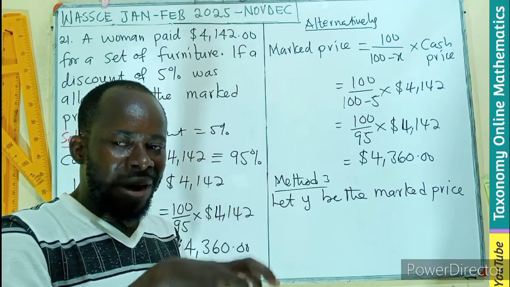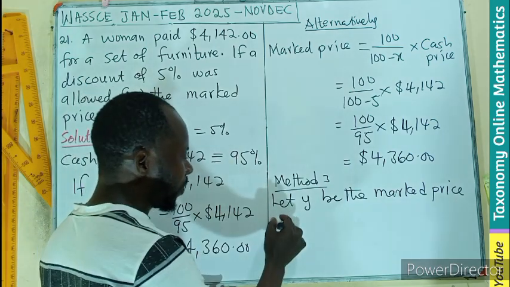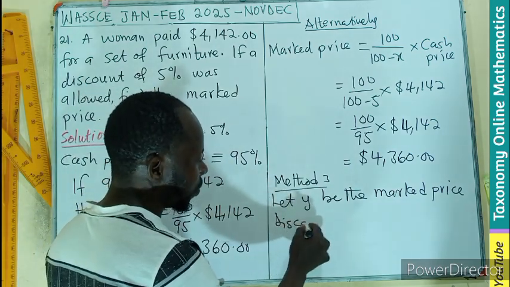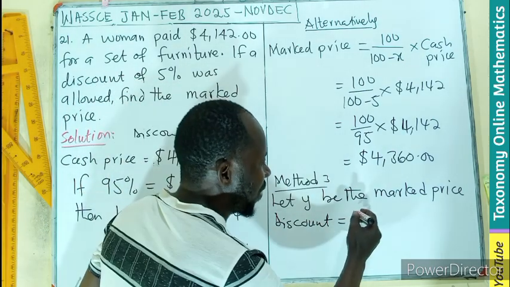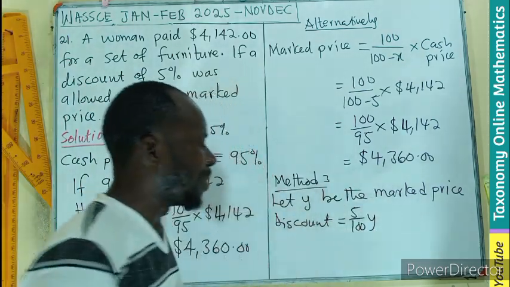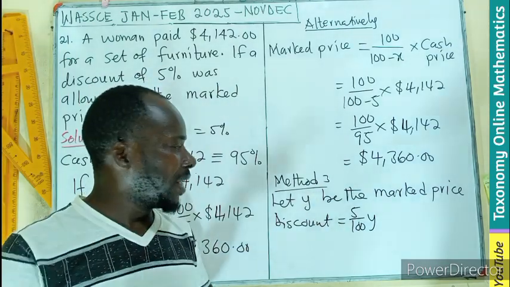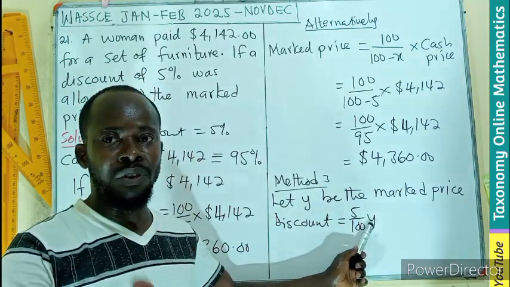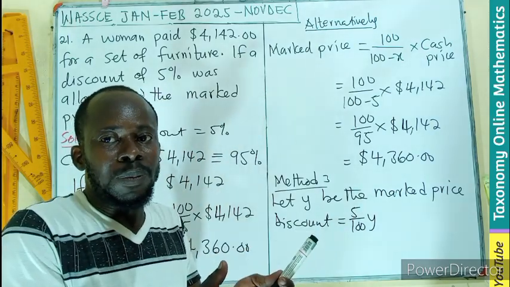What is a discount value? Not in terms of percentage. The discount will now become 5%, which is 5 over 100 of this amount. So this is the discount in terms of money. If I know what the y is in terms of money, I'll be able to find 5% of that to give me the discount.